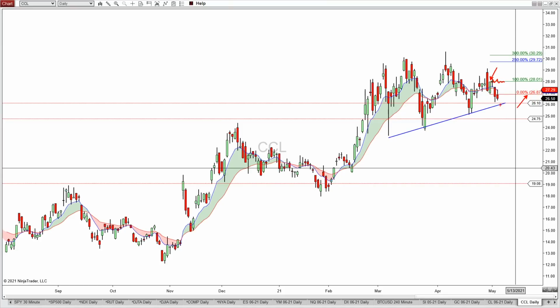So again, I'd be watching to see what it will do when it gets down to near this 26.10 or this trend line, to see would it get a bounce back up or would it break below this trend line. Then the next level of support I will be keeping an eye on is somewhere around 24.75. So right now this trade is also off the table.